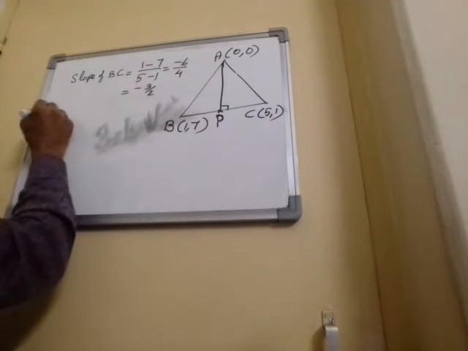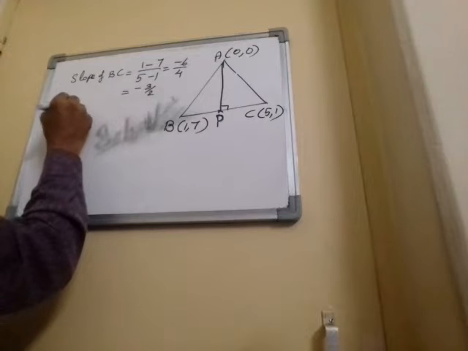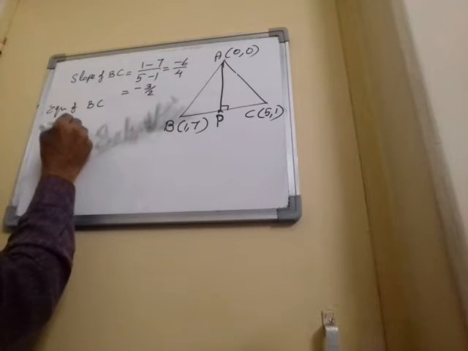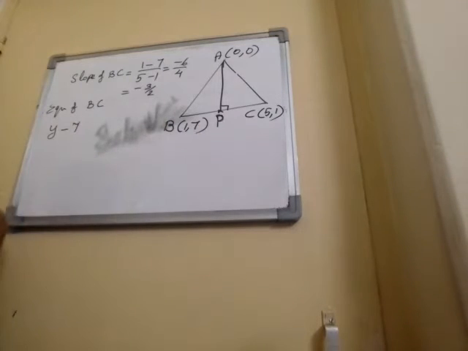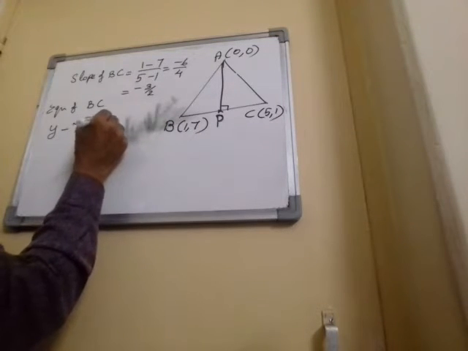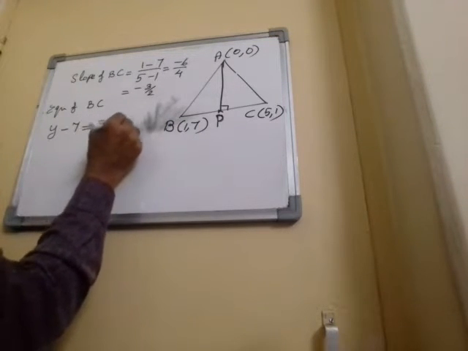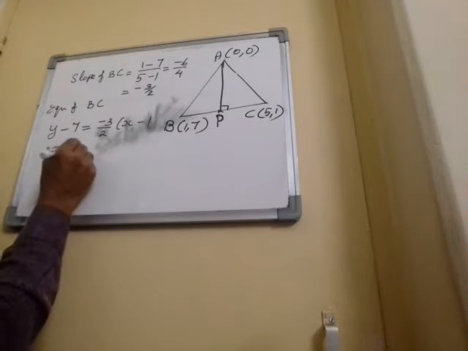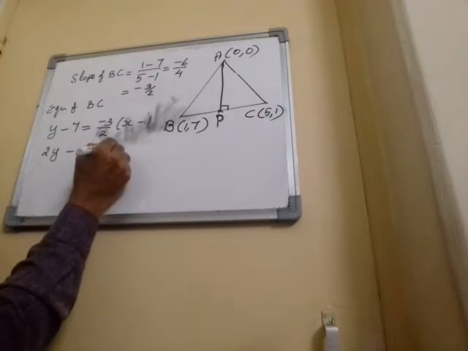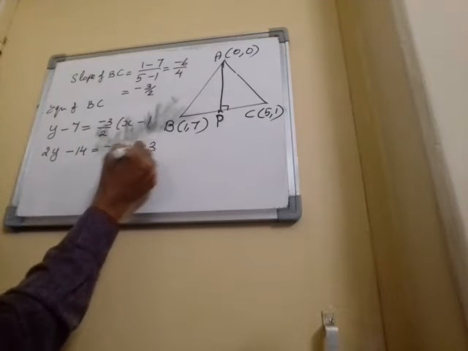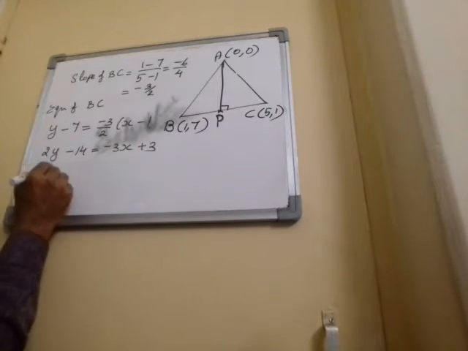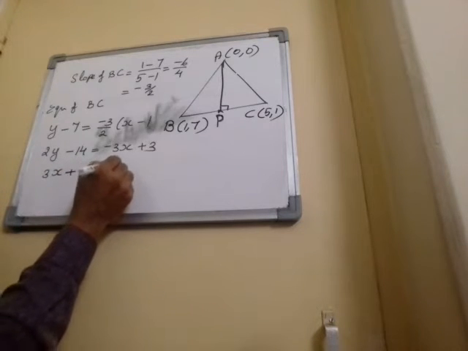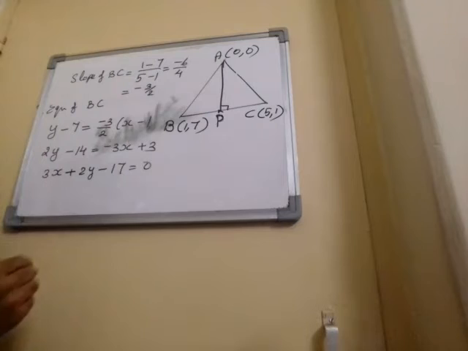Now equation of BC, y minus y1, I am taking this as y1, equal to minus 3 by 2 into x minus x1. 2y minus 14 equal to minus 3x plus 3. Bring it to left side. So 3x + 2y - 17 = 0.